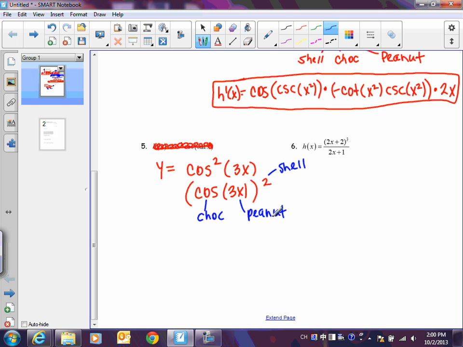Now, if that 3x is just an x, then there's no big deal. There's no peanut, okay? But if it's anything besides x, I'm going to call these peanut M&M problems. So we have y prime equals, remember you attack the shell first. So what's the derivative of the shell? 2. Everything on the inside stays the exact same, not changing.